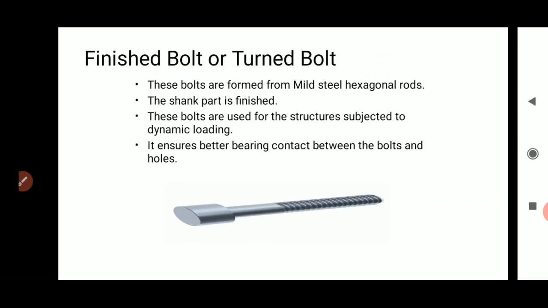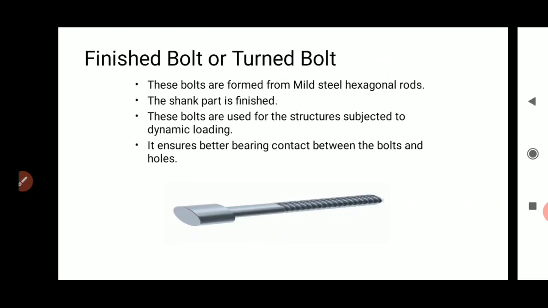The third point is these bolts are used for structures subjected to dynamic loading. As the shank part is finished, there is proper contact between the bolt and the plate, so the connection is more tight than that of the unfinished bolt.